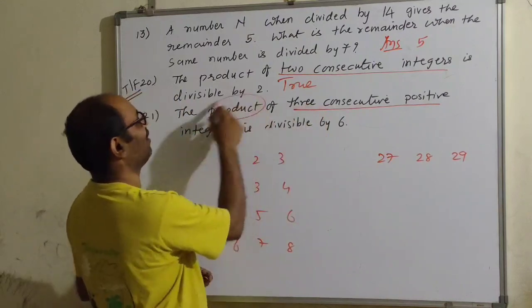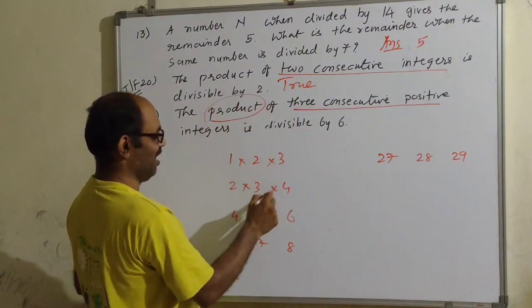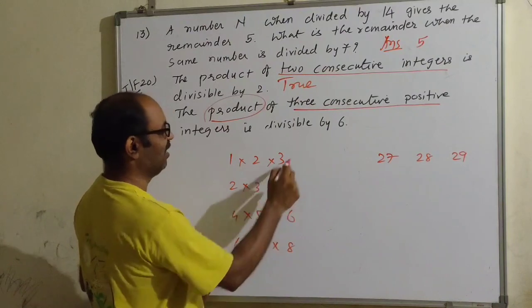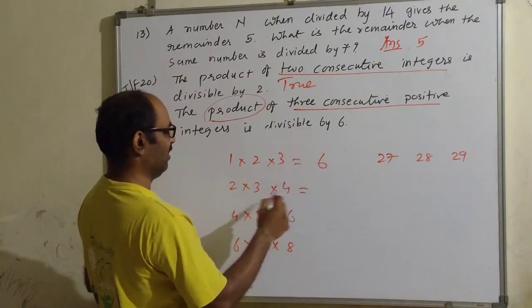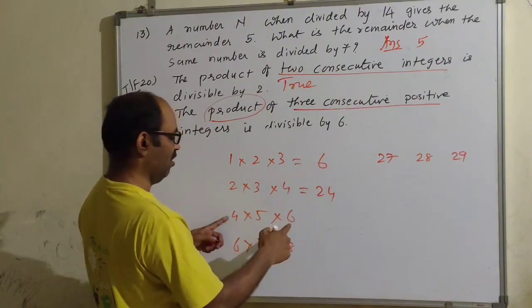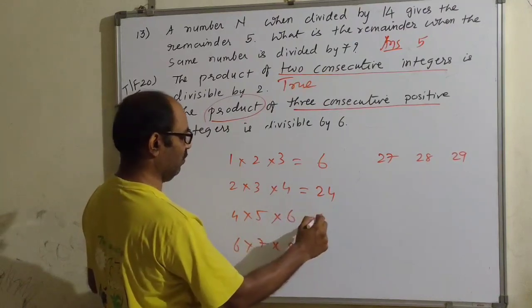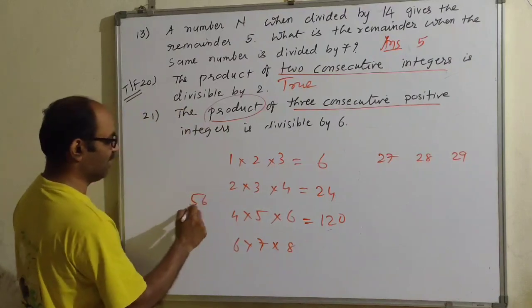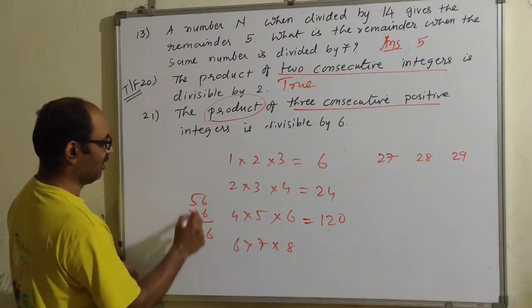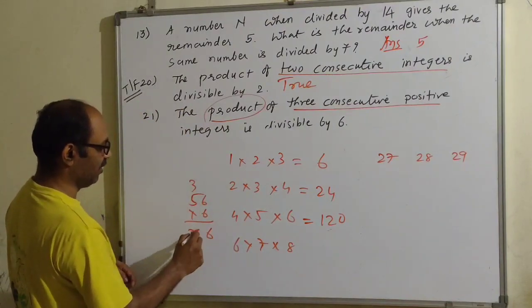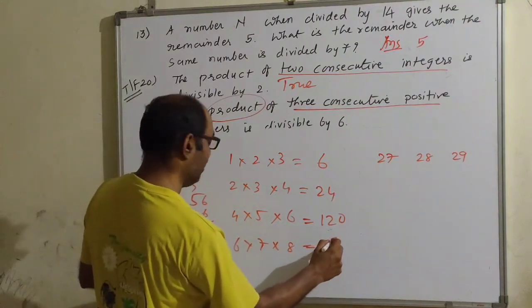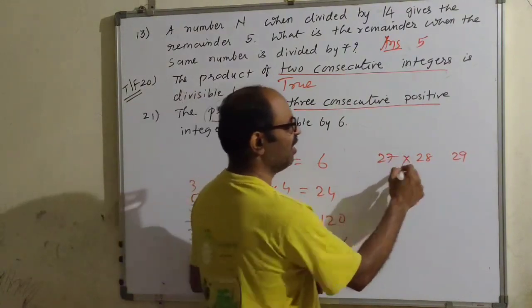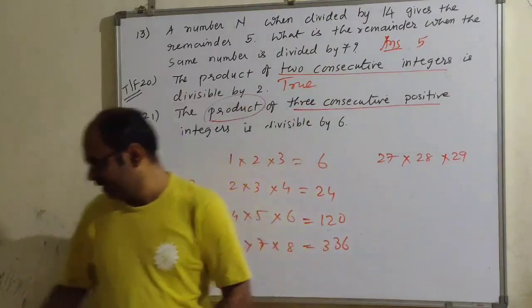Now the product of these. Alright. This is 6. This is 24. 3, 4, 5 is 60, 4, 5, 6 is 120. Now this I'll have to multiply. 56 multiplied by 6.